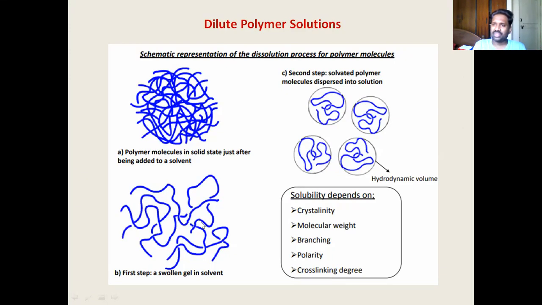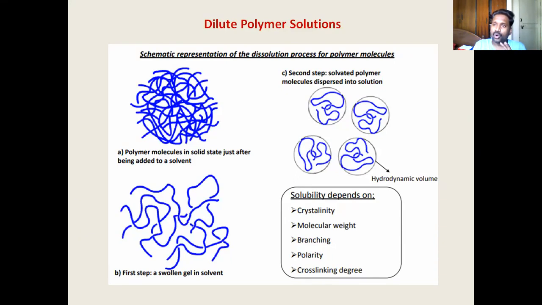The combined effect of these two equilibria is, first, that the lumps of polymer, the solid you have added, are slowly solvated and solvent molecules are taken inside. Because of that, swelling happens. The chains here, from the inside, are solvated, and outside also they are surrounded by solvent molecules.